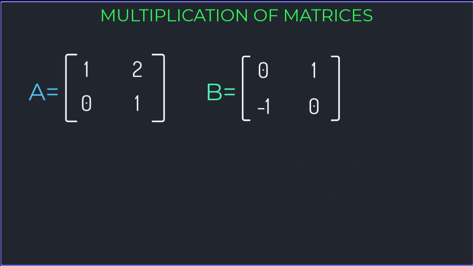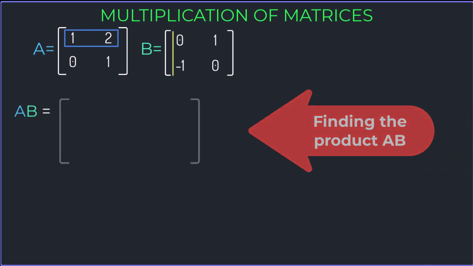Consider these two 2 by 2 matrices. Let's try to find the products AB and BA.